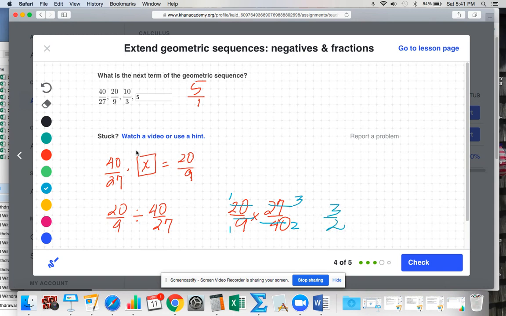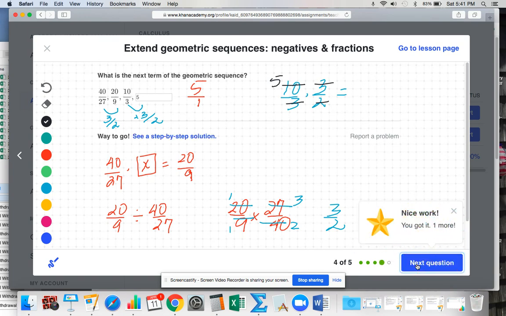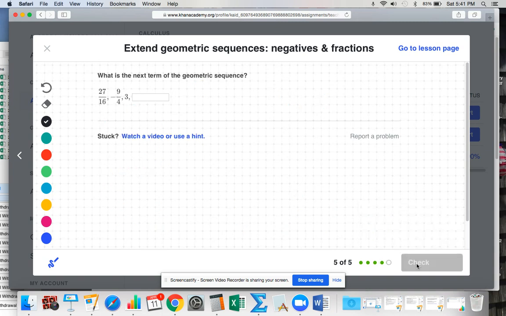So really what I'm multiplying by each time is 3 halves. So if I take 10 over 3 times 3 halves, my answer, and we can cross cancel again, will be 5. I had originally said 5, but I just wanted to show you that you can go about it in a little bit more of a formal way. So now we'll go to the last question.